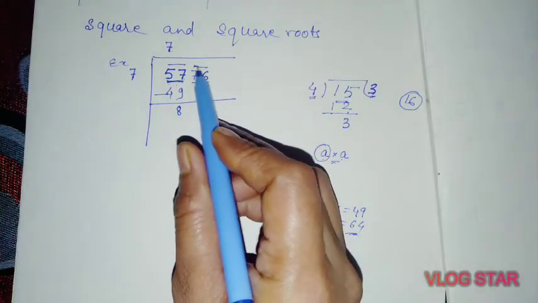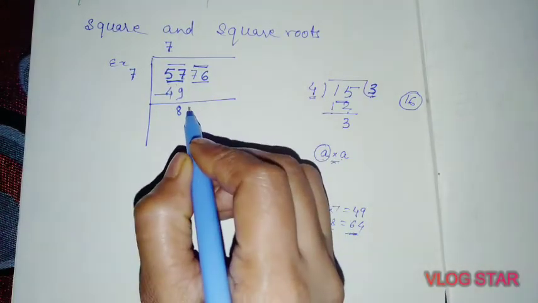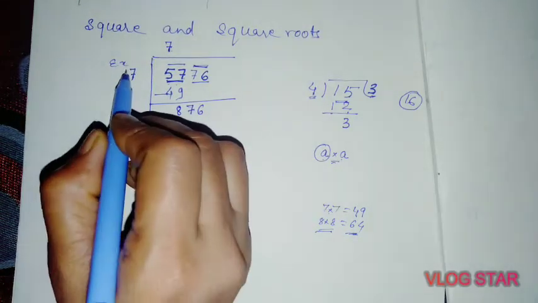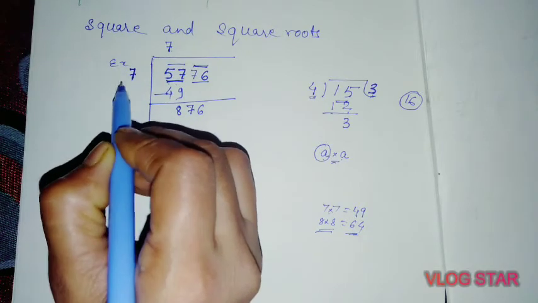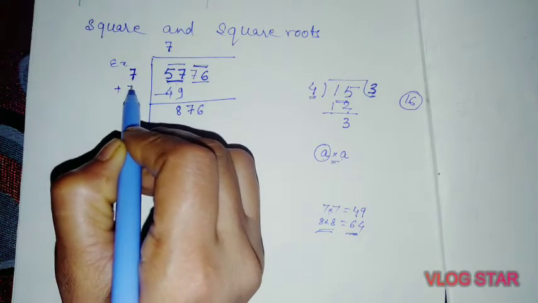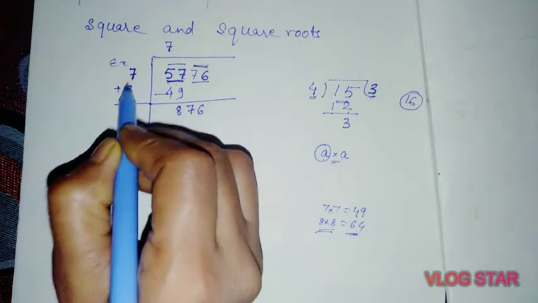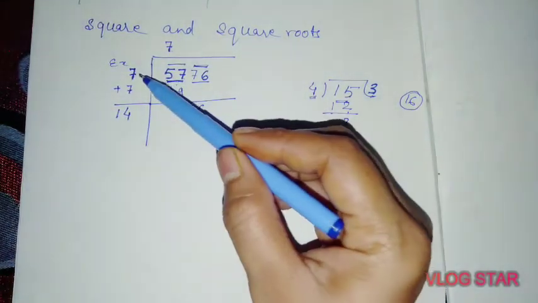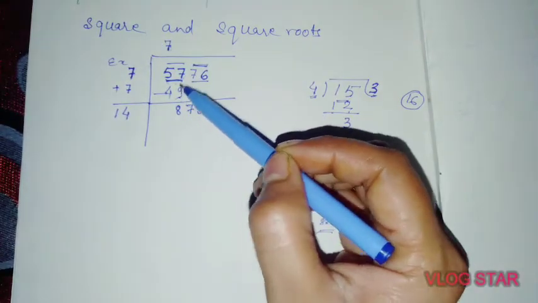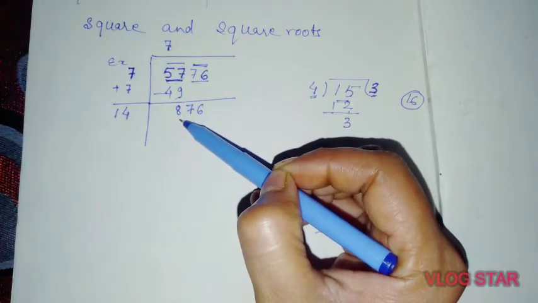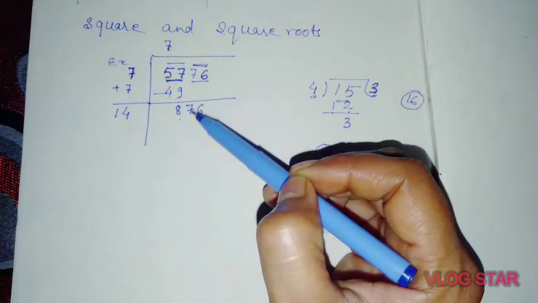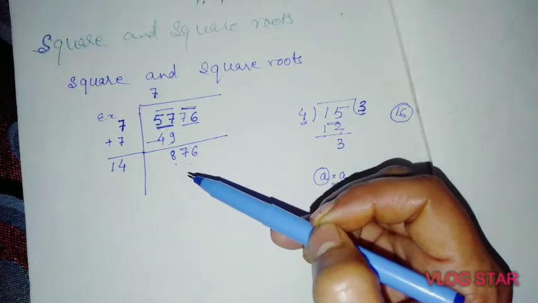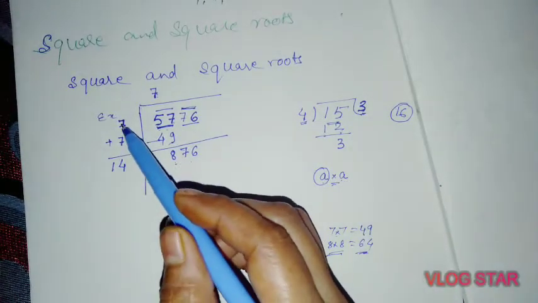Now this pair of digits is brought over here, 876, and whatever number we are writing here, the same number we have to add. 7 plus 7 is 14. Just see that 7 7s are 49. We subtract. On subtracting we are getting 8. Then this 76 together is brought over here, and then you have to add this number.